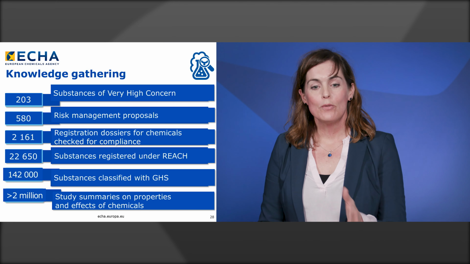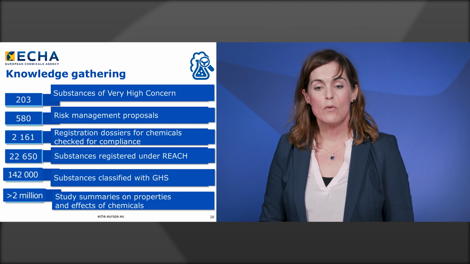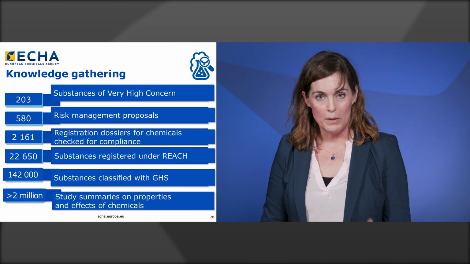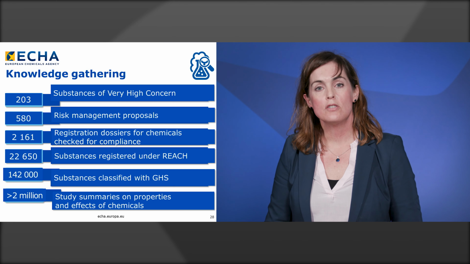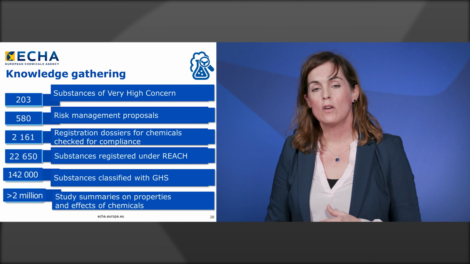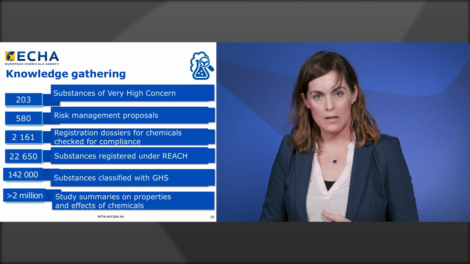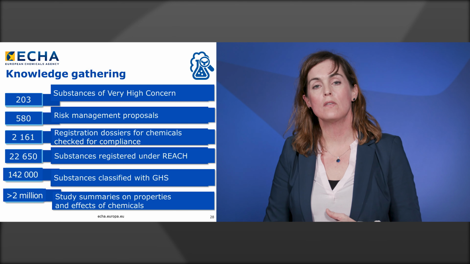What is also good to point out already now, and we will come into that later on, is that CLP, which is the GHS implementation in the EU, has generated over 140,000 classifications of substances in commerce.